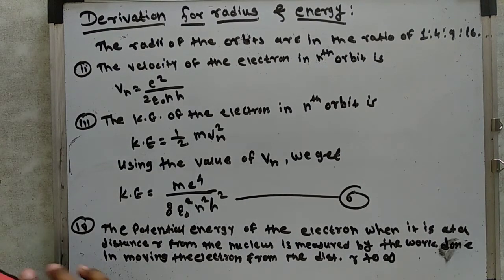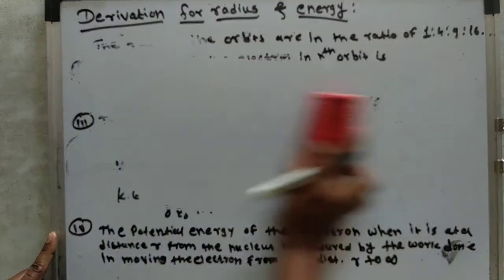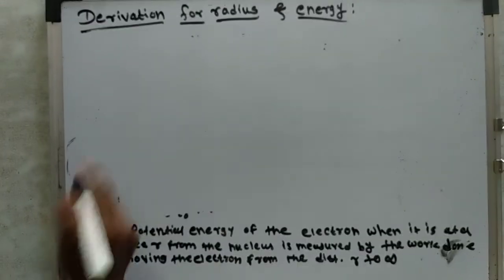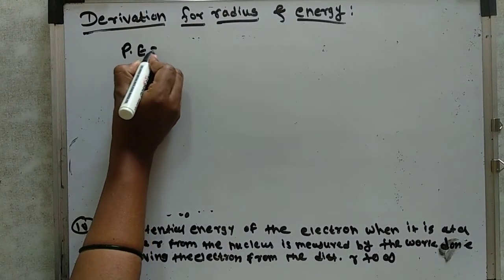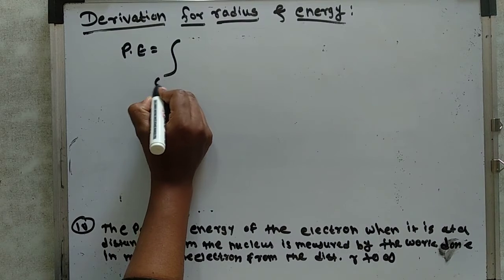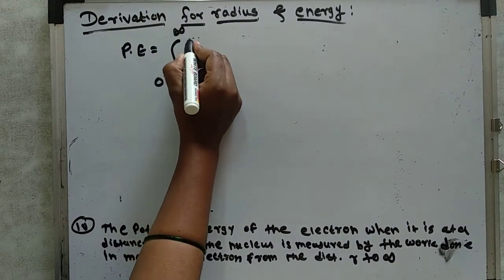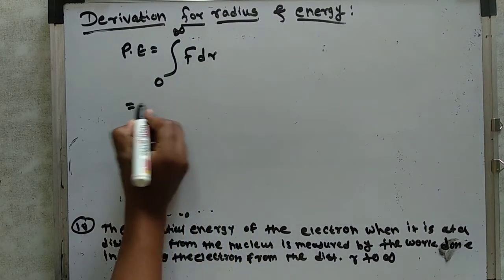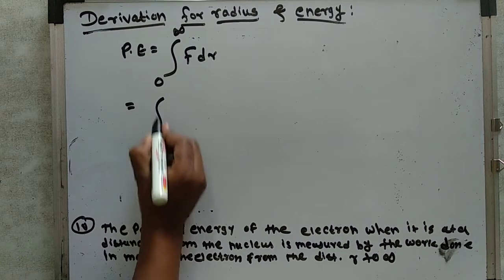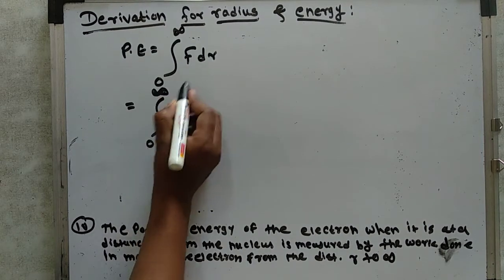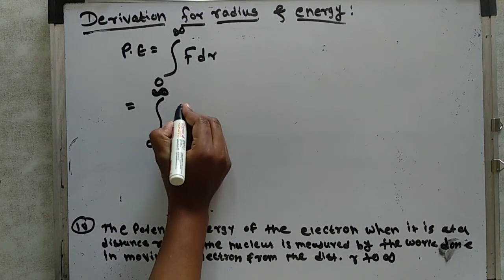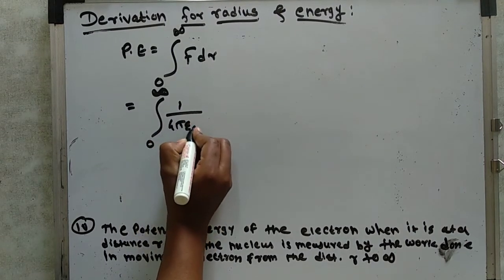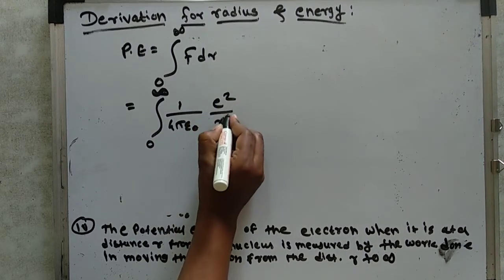Potential energy is equal to integration over 0 to infinity F dr. Put the value of F. What is the value of F? 1 upon 4 pi epsilon naught e square upon r square.